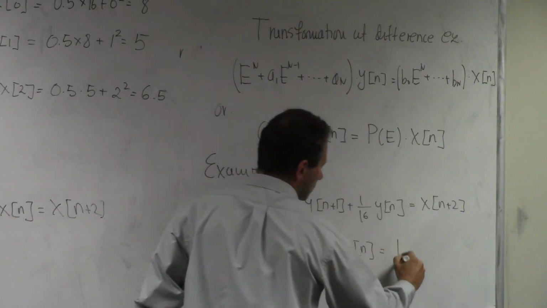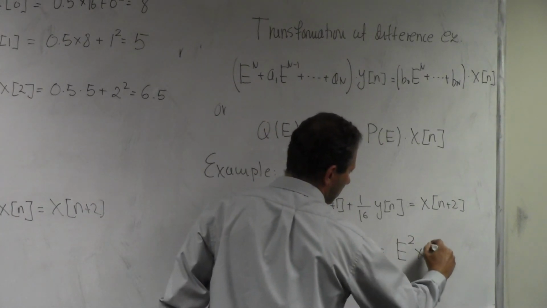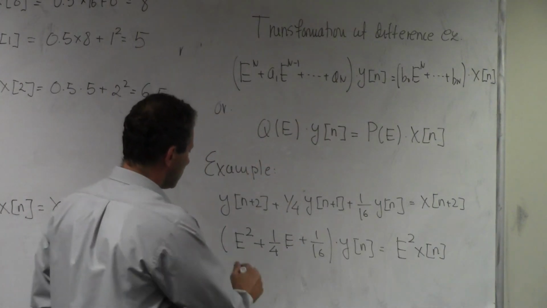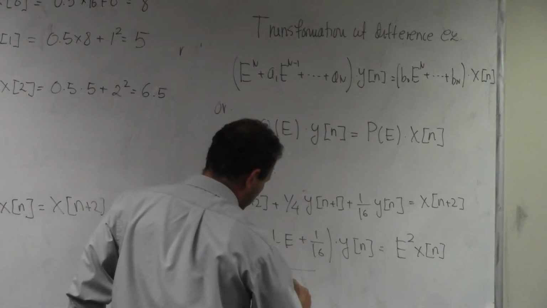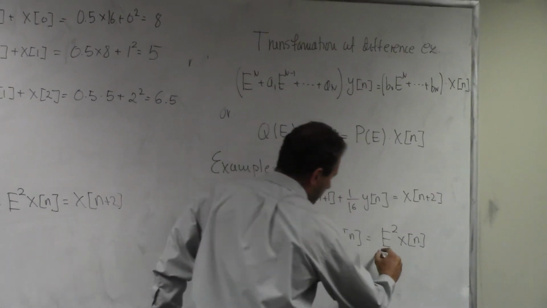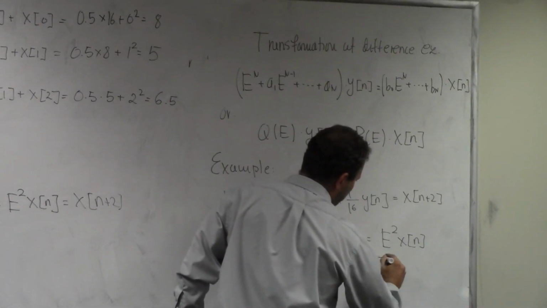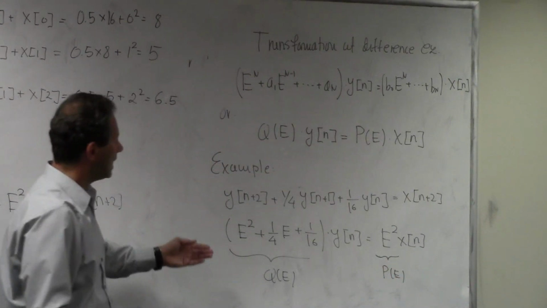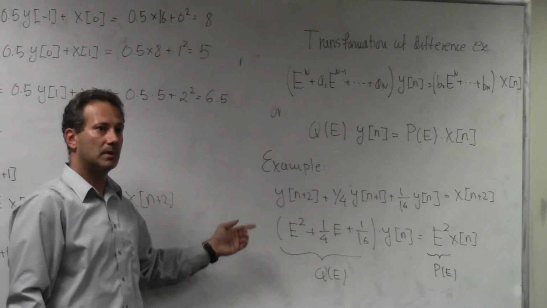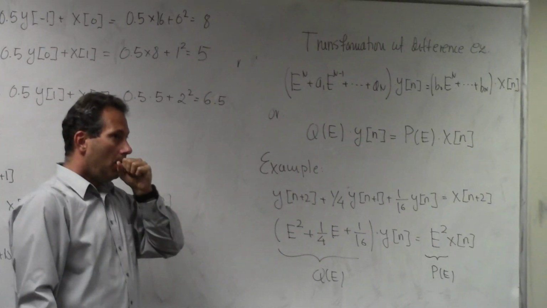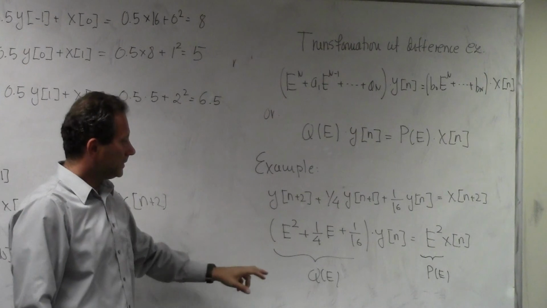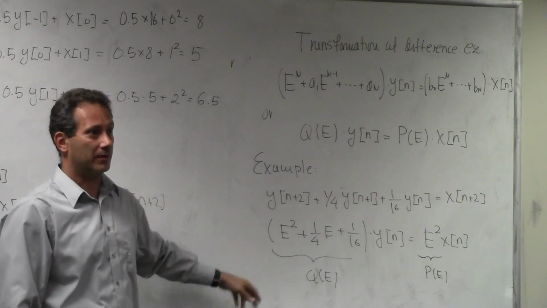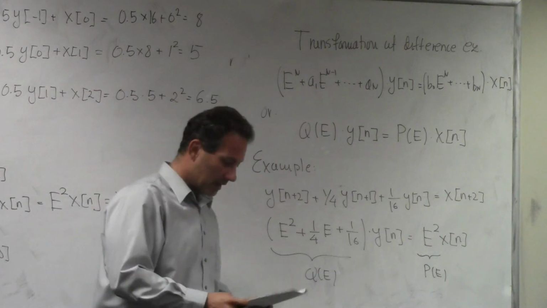And then this is equal to E squared operating on x[n]. We're bringing them all to the same time, and then this becomes your Q of E, and this becomes your P of E. Just to test you, what is N in this case? Capital N. 2. How large is n? 2 as well. So in this case, we have n equal to N.